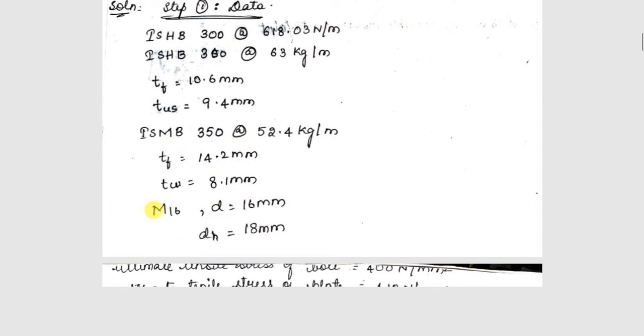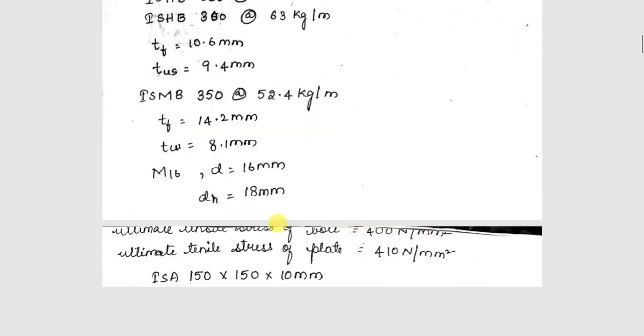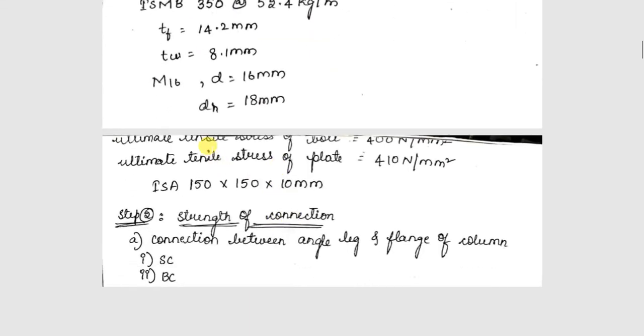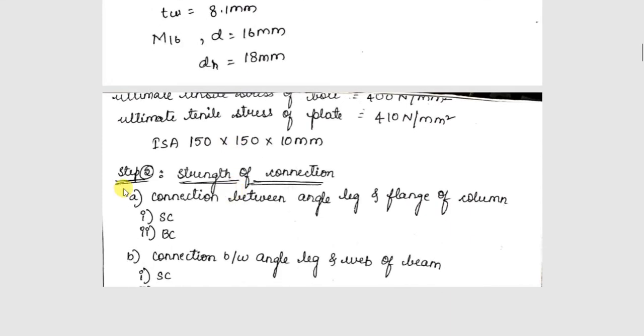The bolts used are M16, so the diameter of the bolt will be 16 mm and the diameter of the bolt hole with clearance will be 18 mm. The ultimate tensile stress of bolt is 400 and the ultimate tensile stress of plate is 410, and the angle used is ISA 150 by 150 by 10 mm. It is mentioned in the question.